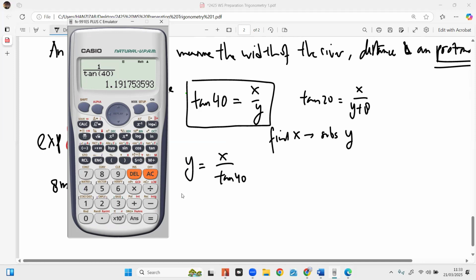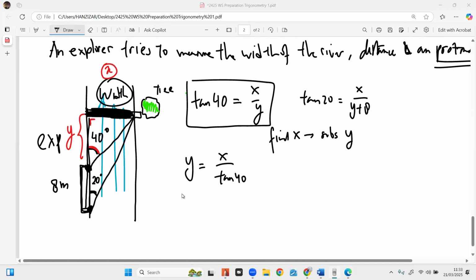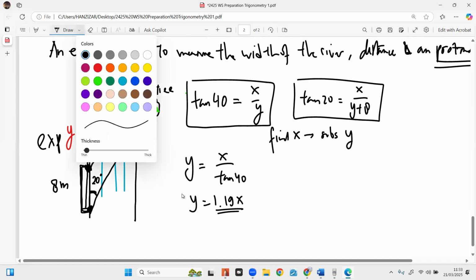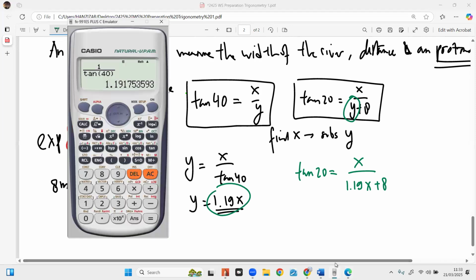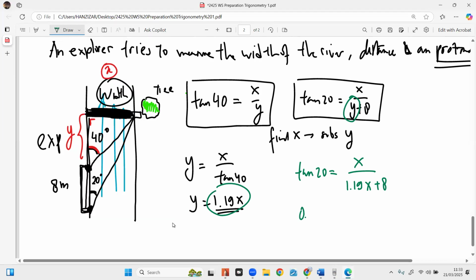That is 1.19x. And then you put it in the second equation: tan 20 equals x over 1.19x plus 8, because we are substituting y by 1.19x. So what is tan 20? Use your calculator. 0.36, and then cross multiply.